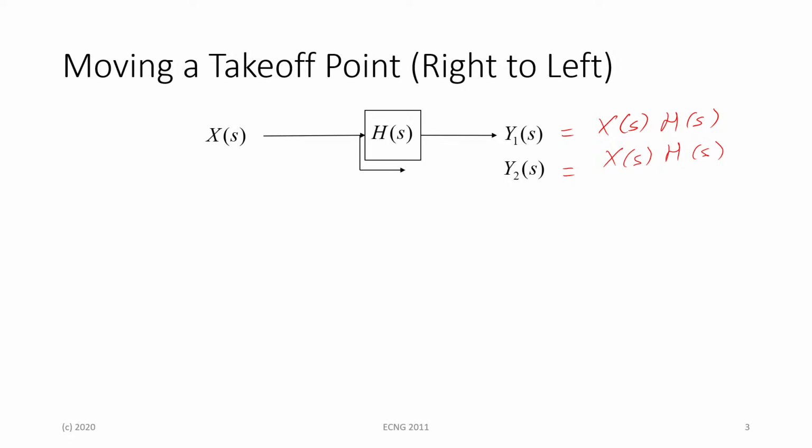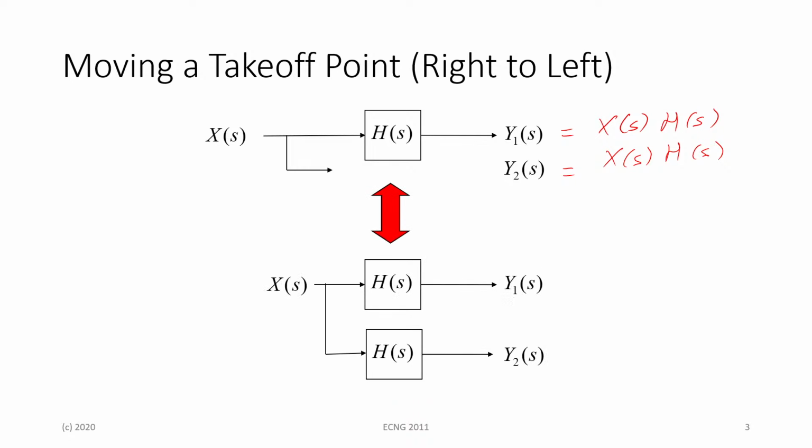When we shift this towards the left, we need to make sure that our y1 of s equation and y2 of s equation remain the same. In order to compensate for this, we need to make sure that our y2 of s equation is the same, equal to x of s, h of s. We need to make sure that when we move this takeoff point from the right to the left, we multiply by the block that was shifted across.